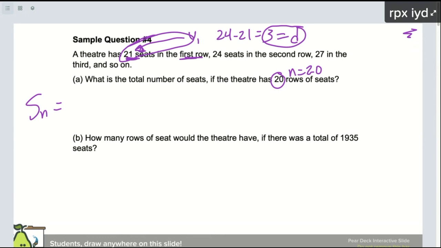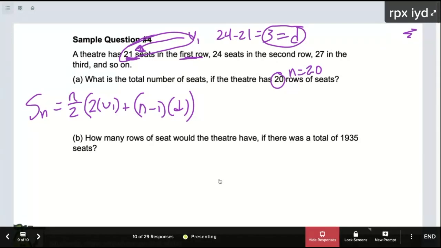You're given this formula. N over 2 times 2 U1 plus N minus 1 times D. So that's the formula we're using. We're just using that one. So if anybody's able to do that, go ahead and try it.